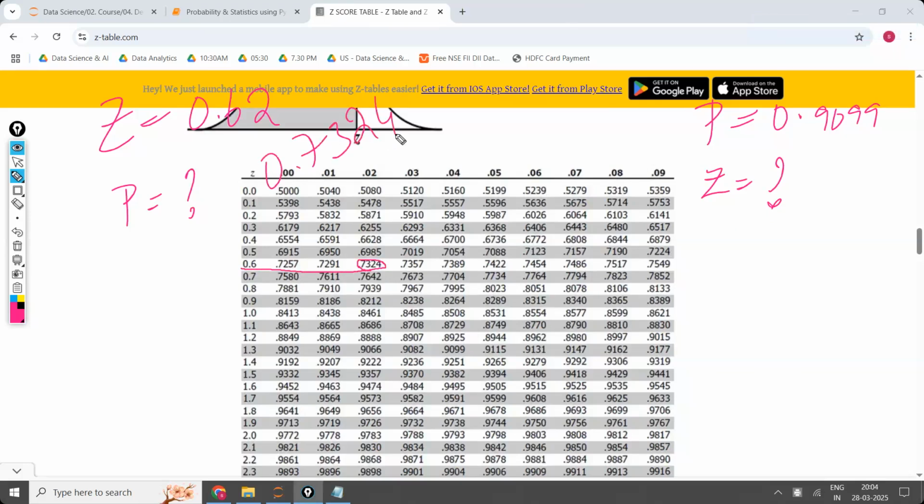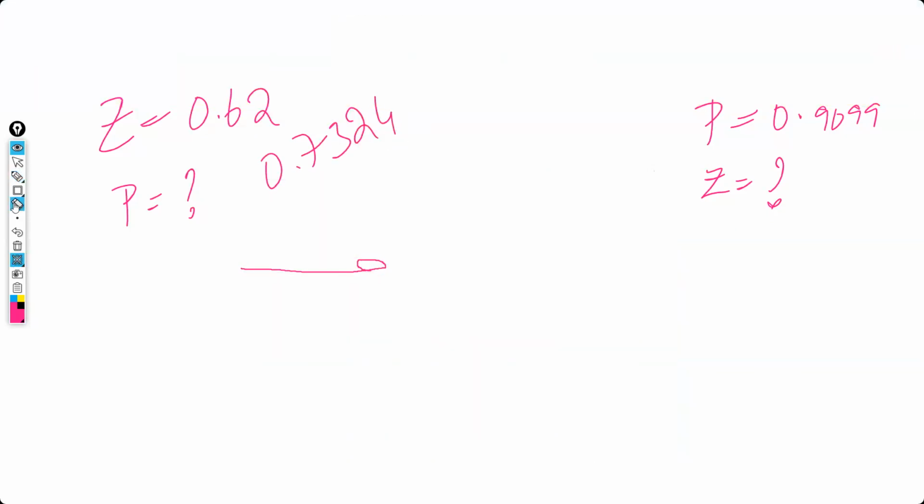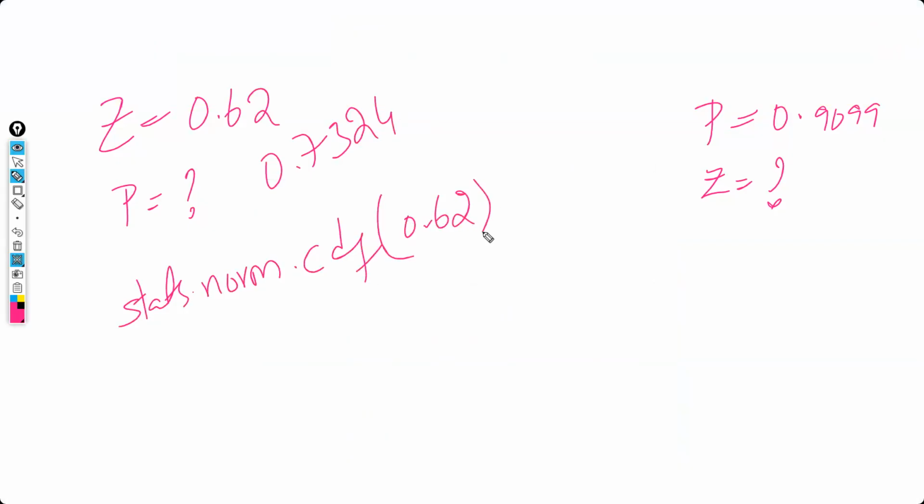0.732. Now tell me what is the function I have to use? Now whatever you have done for this, what is the function? Stats dot norm. Norm means normal distribution. CDF of 0.62. CDF, cumulative density function. Density means nothing but probability. Density, area, probability.